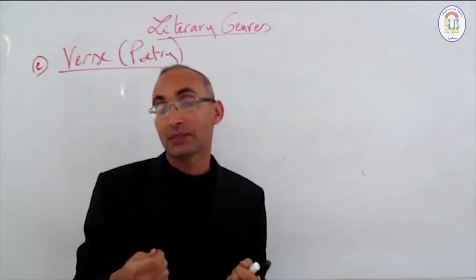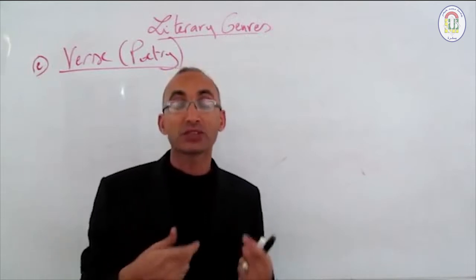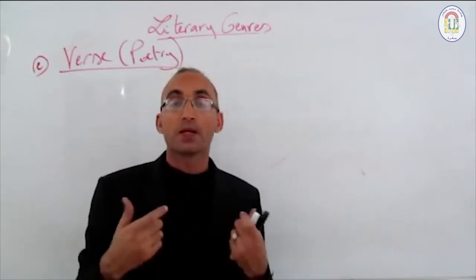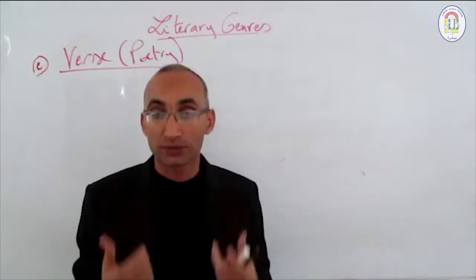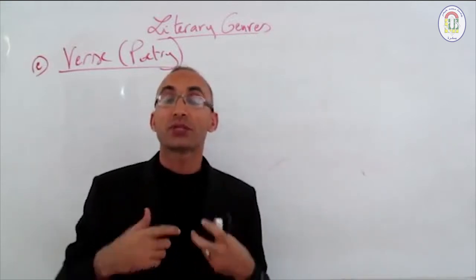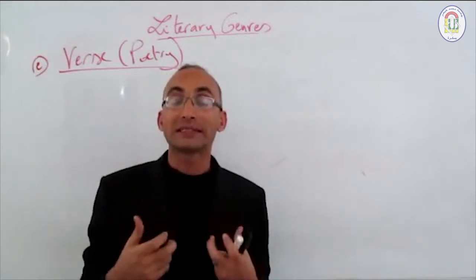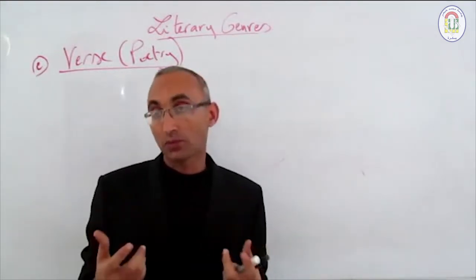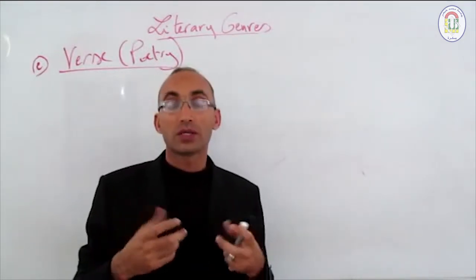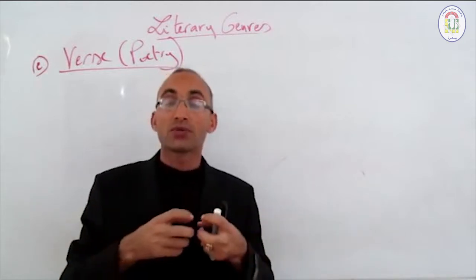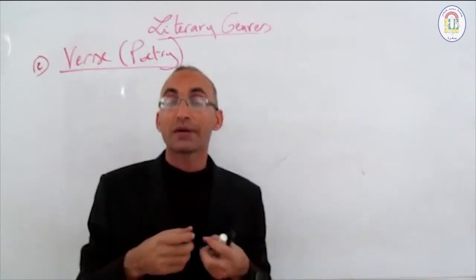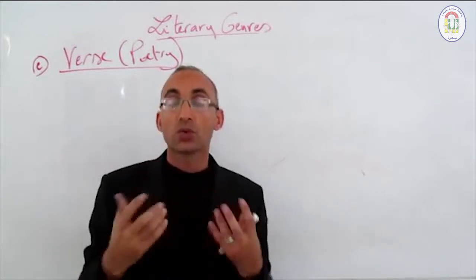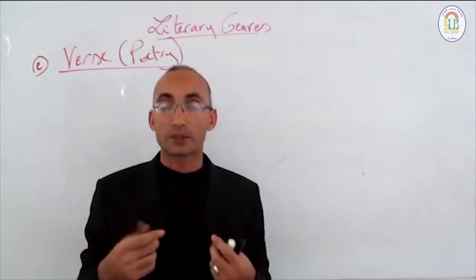So poetry simply is that literary art which uses the aesthetic, beautiful, and rhythmic qualities of language in terms of syllables, number of feet, classification of the stanzas, order of lines, to evoke special meaning.